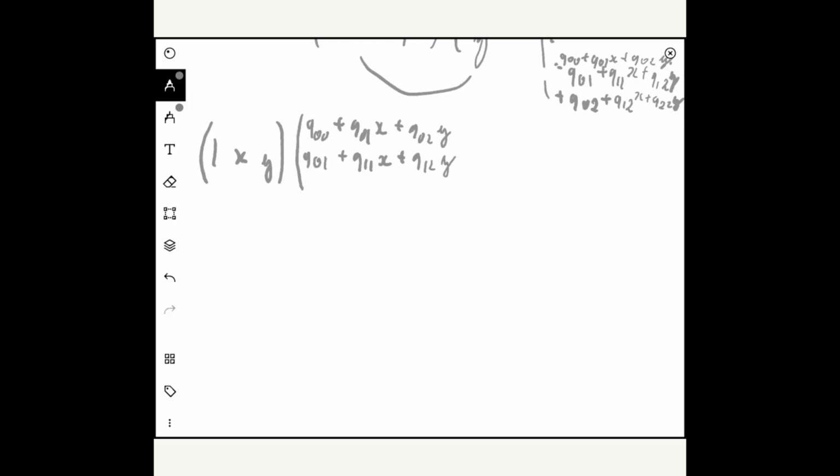Here there is no plus, just separate lines, and here it's q02 plus q12x plus q22y.